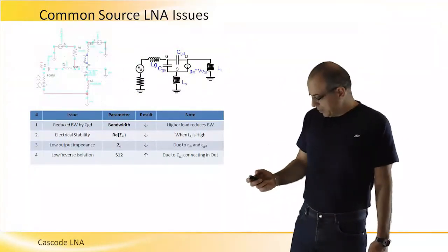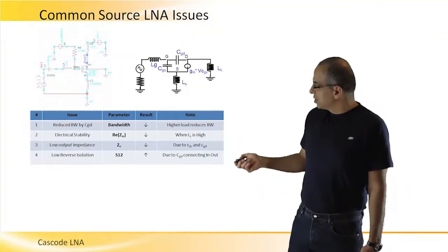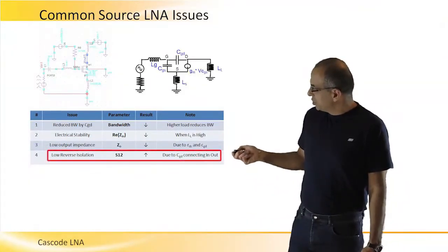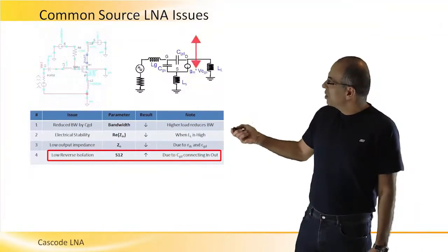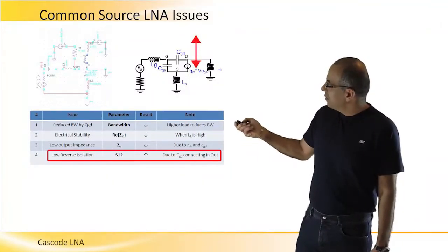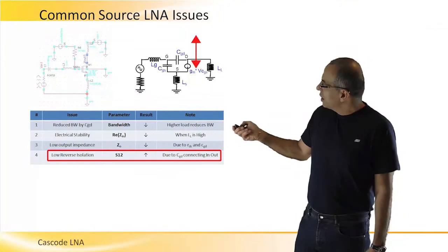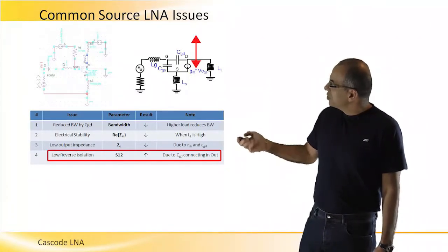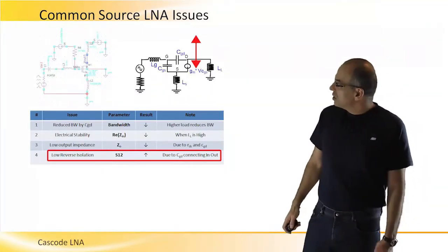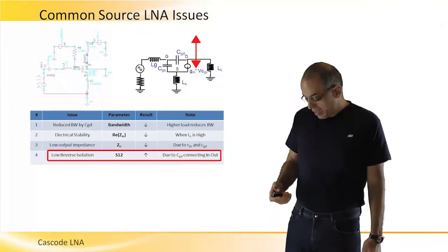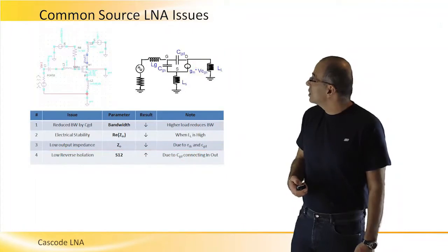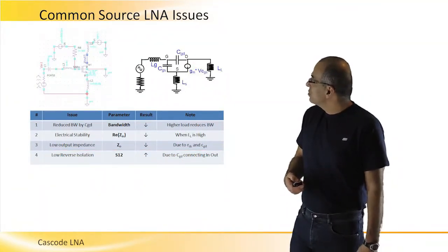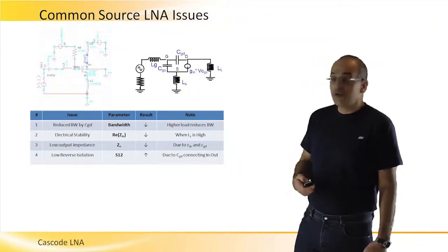And the last subject that we would like to mention here is the reverse isolation between output and input. Since we have a capacitor between input and output, the isolation is very limited, and it's an issue with the common source LNA that we will need to deal with and to improve.